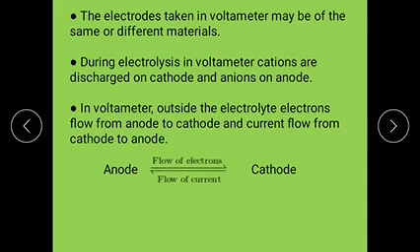In a voltameter, outside the electrolyte, electrons flow from anode to cathode and current flows from cathode to anode.